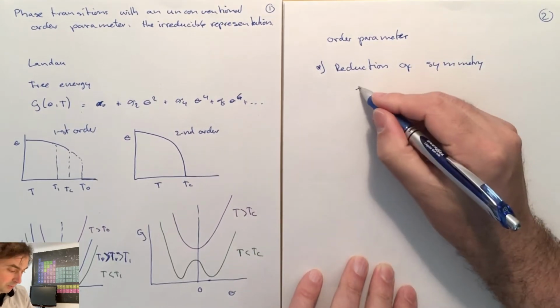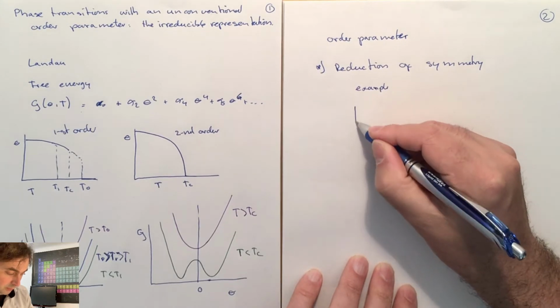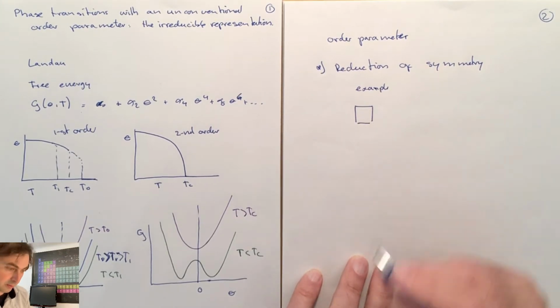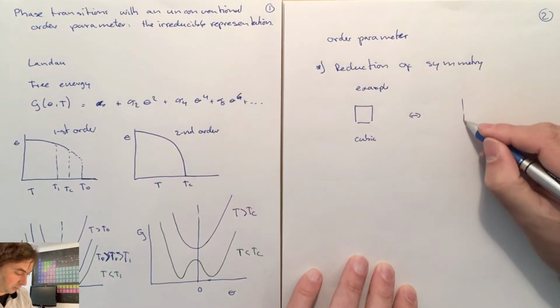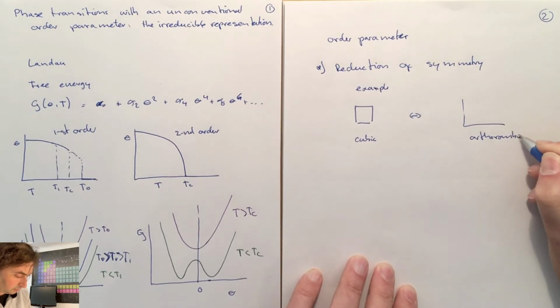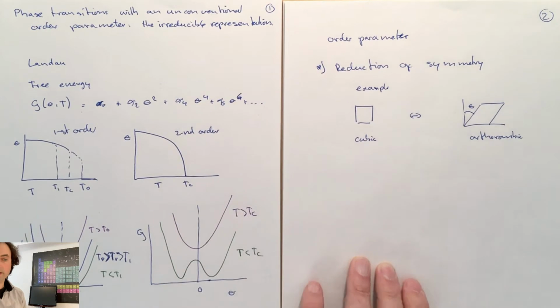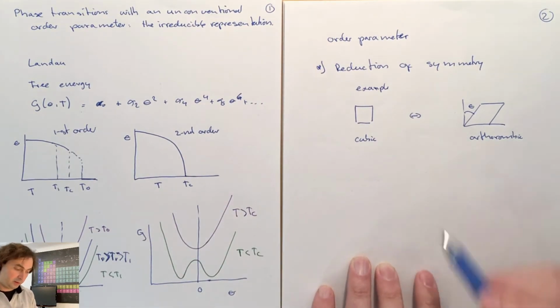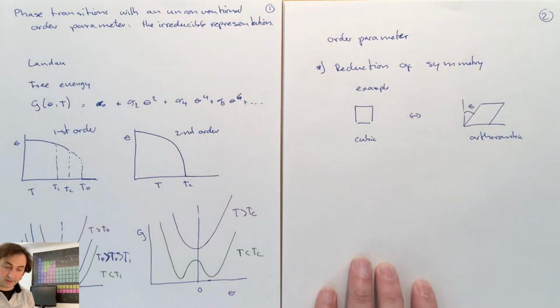For example, if you go from a cubic lattice and have a phase transition to an orthorhombic lattice, then we can define theta as the angle of 2 of the crystal axes, and in the cubic lattice theta is 0, in the orthorhombic lattice theta has a finite value, and that is exactly what you have at your phase transition.